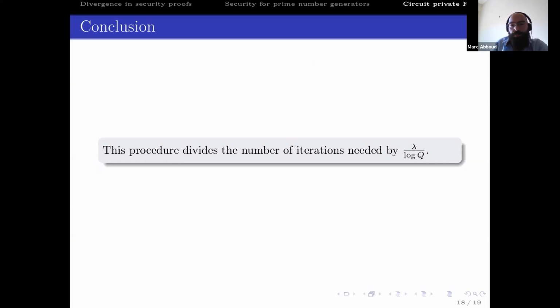So you're looking at concrete numbers: for lambda 256 and Q equal to 2 to the 64, here you would divide by 4 the number of iterations.